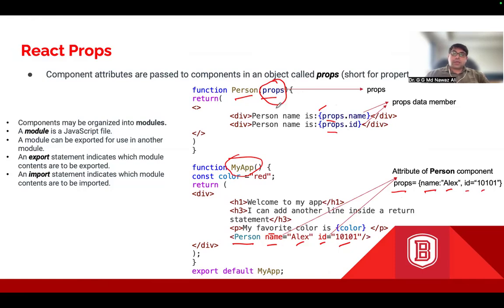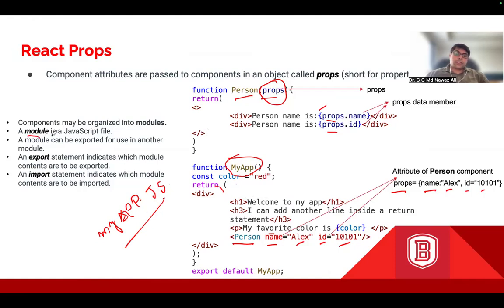The other thing is that if you create the component in a separate file, a separate JavaScript file, right? Let's say that this file name is MyApp.js, sorry, just JavaScript. This is now treated as a module, okay?